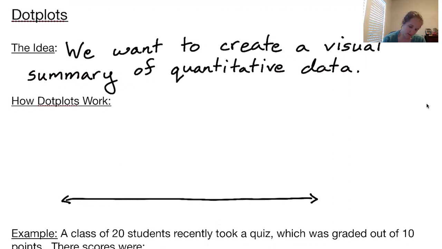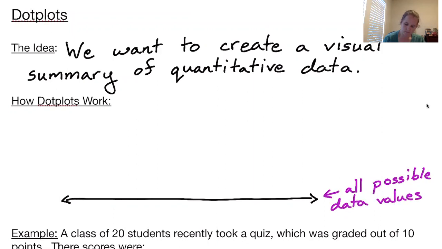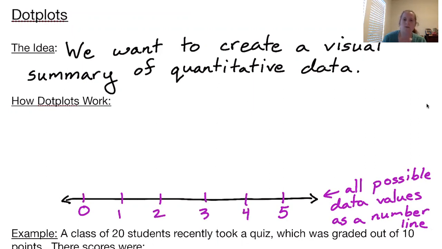So for example, we might have a number line going from 0 to say 5.